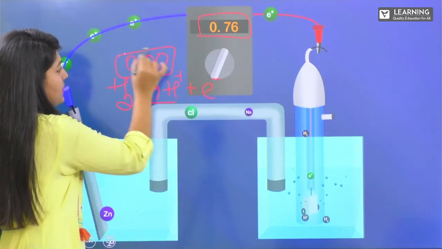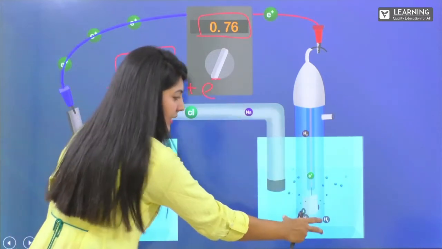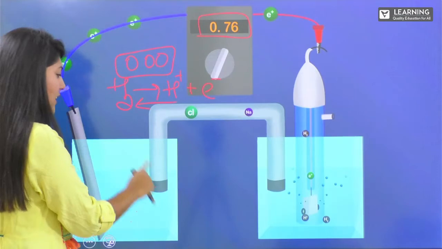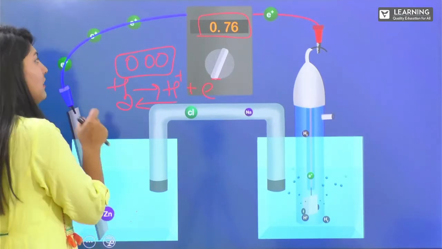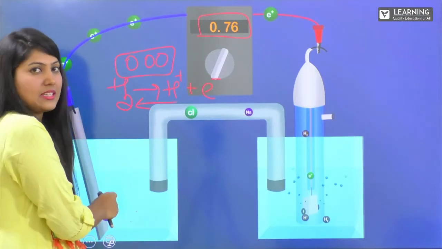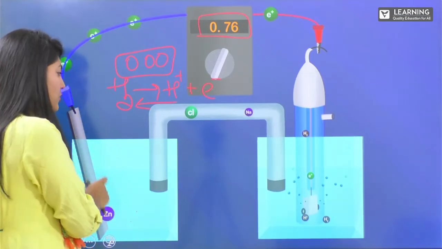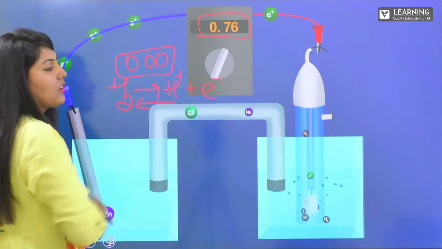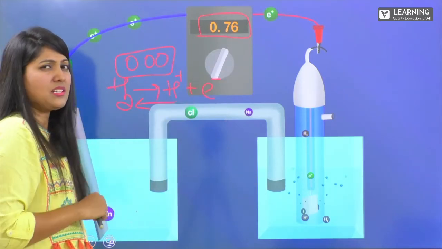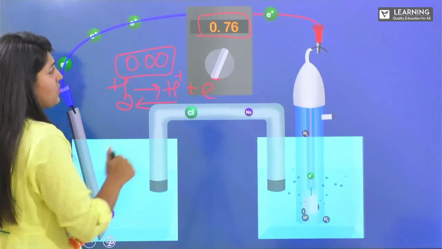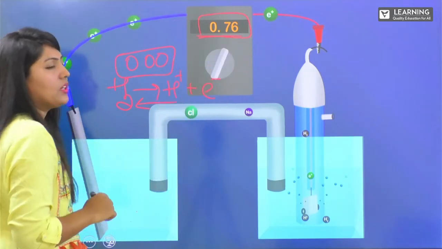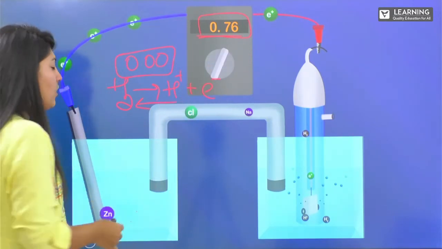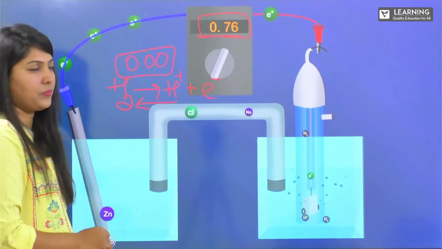So that gives the 0 volt, and that we are taking here and connecting with the zinc. So to check the electrode potential of zinc, we can have this setup, and when we checked it in comparison with hydrogen, we get the value of 0.76 volts, which is for zinc.